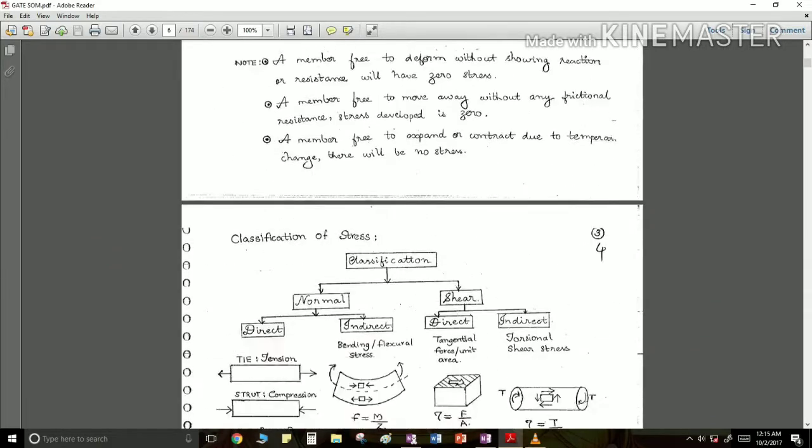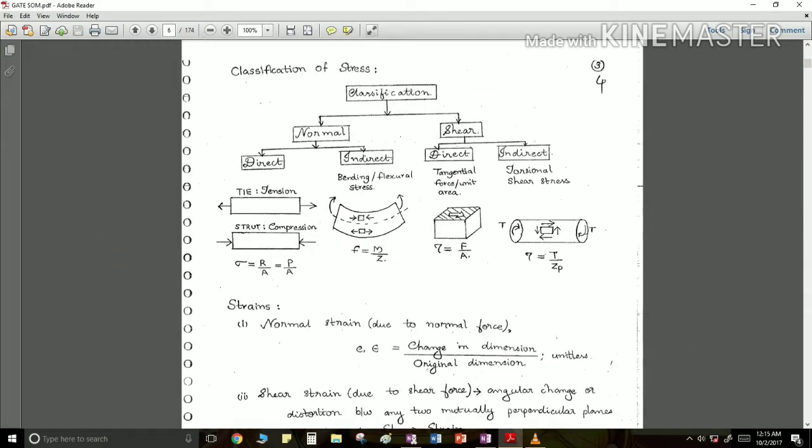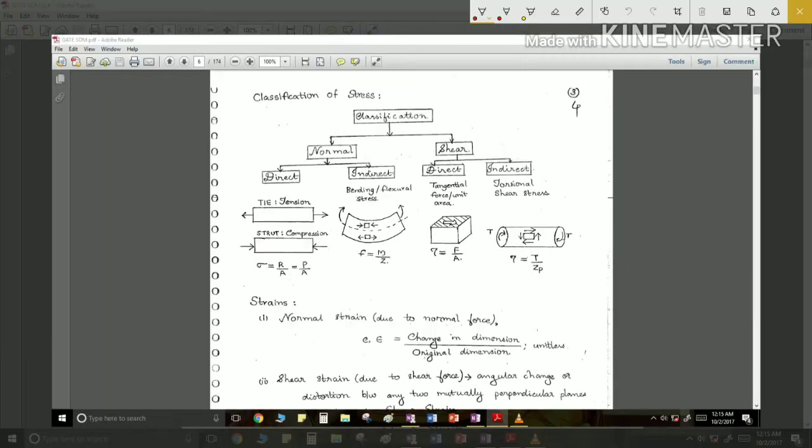Okay, so we'll go to the next slide. We have classification of stresses. One is normal stress and one is shear stress.